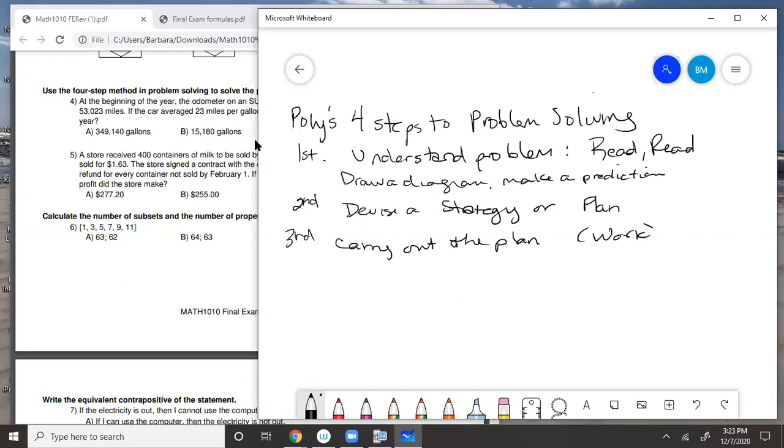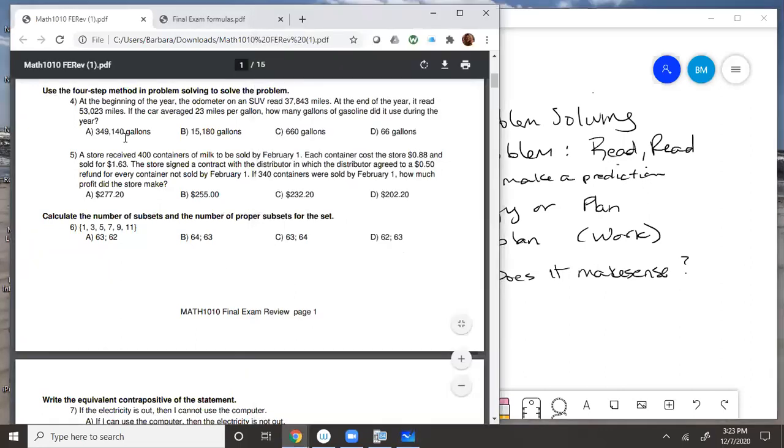And then the last step is really important, which is look back. Check your work, make sure it makes sense. Does it make sense? And did you actually solve the problem? And so forth. So that's pretty much what goes on with problem solving.